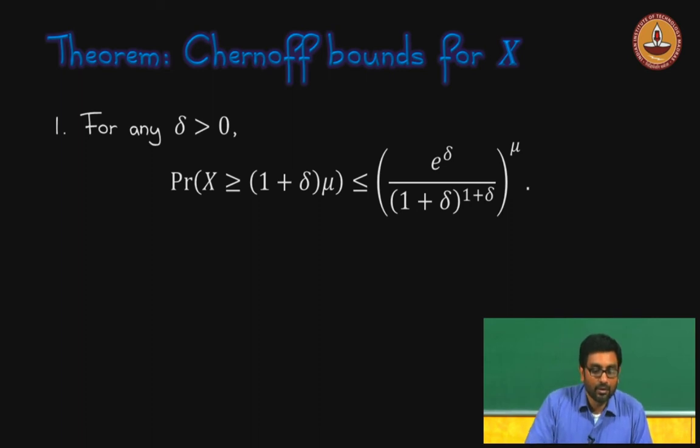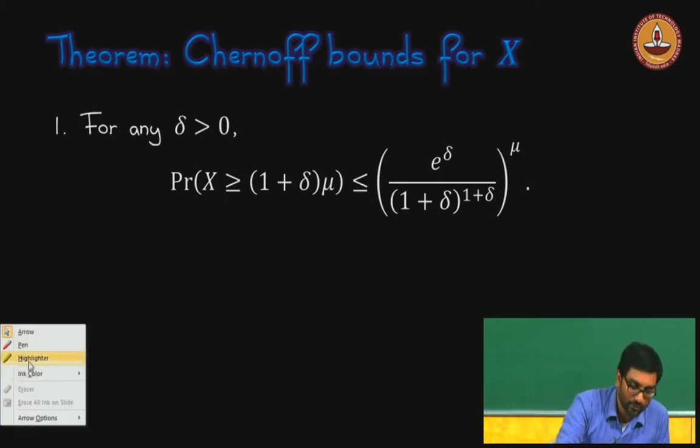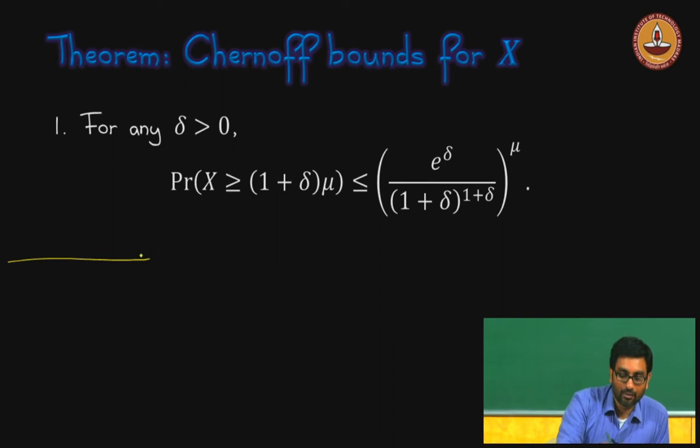Now the first bound: for any delta greater than 0, the probability that x exceeds 1 plus delta times mu. Just to give yourself a picture for what is going on here, you have a random variable x. This is E of x equal to mu.